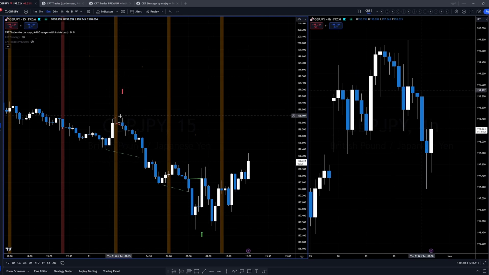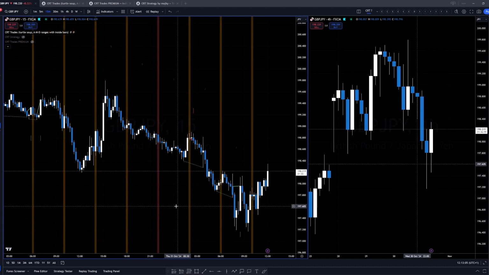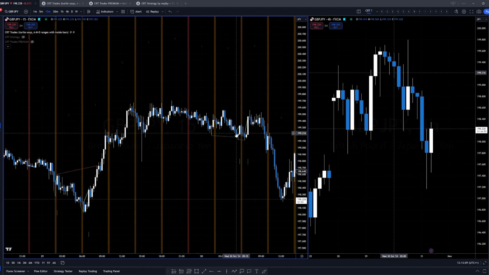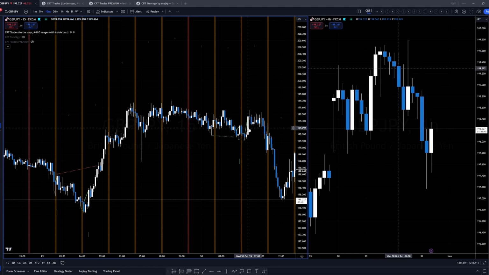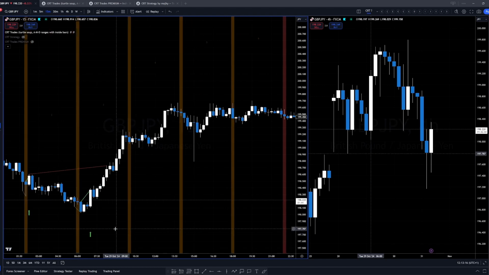Here, after the close below the turtle soup body, we got this signal that the price should go down, and as you can see, it went down after that. Also, for example, here it went up, and here it also went up after the close.